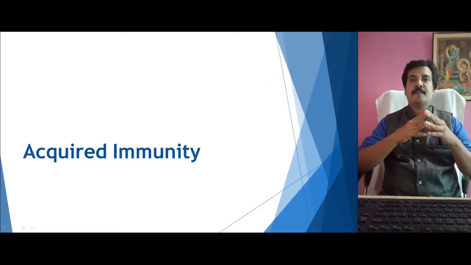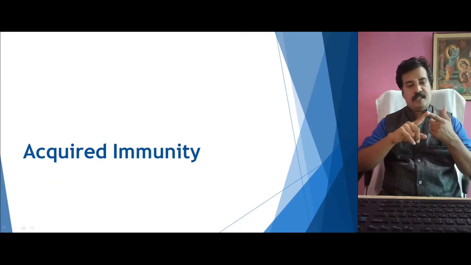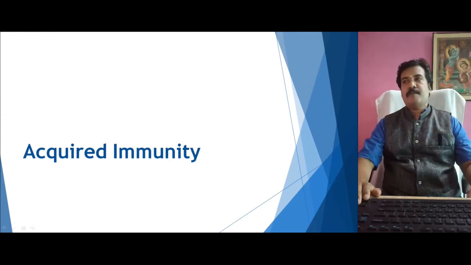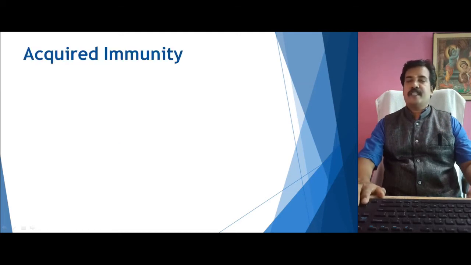If you see the types of immunity, one is based upon the mechanism of how our body is defending, that is the innate and adaptive immunity. The adaptive immunity is further divided into humoral and cell mediated immunity. And the second type of classification is based upon how our body acquires the immunity.